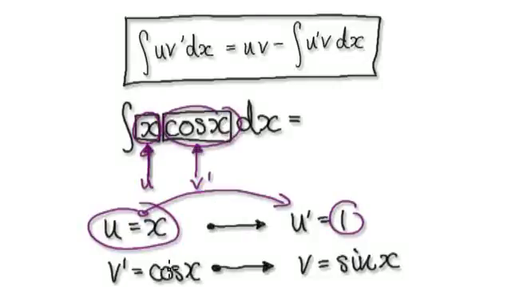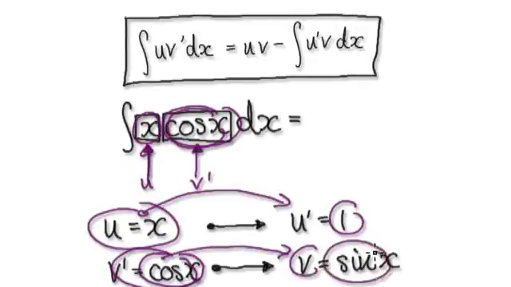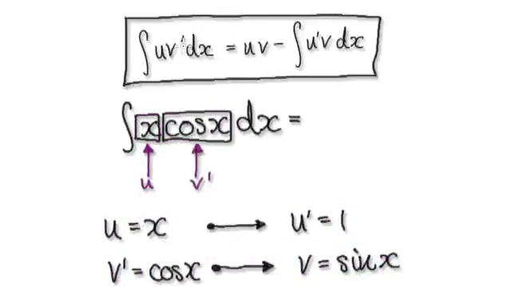Now we are going to let this be cos of x. Well, if v prime is cos of x, then v must be sine of x. So for us to evaluate this integral here, we would just follow this bit here.